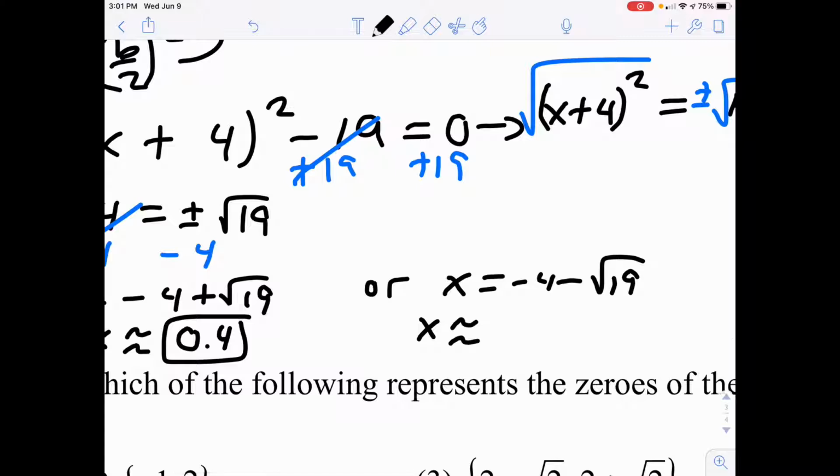And for this one, negative 4 minus the square root of 19, we get about negative 8.4.